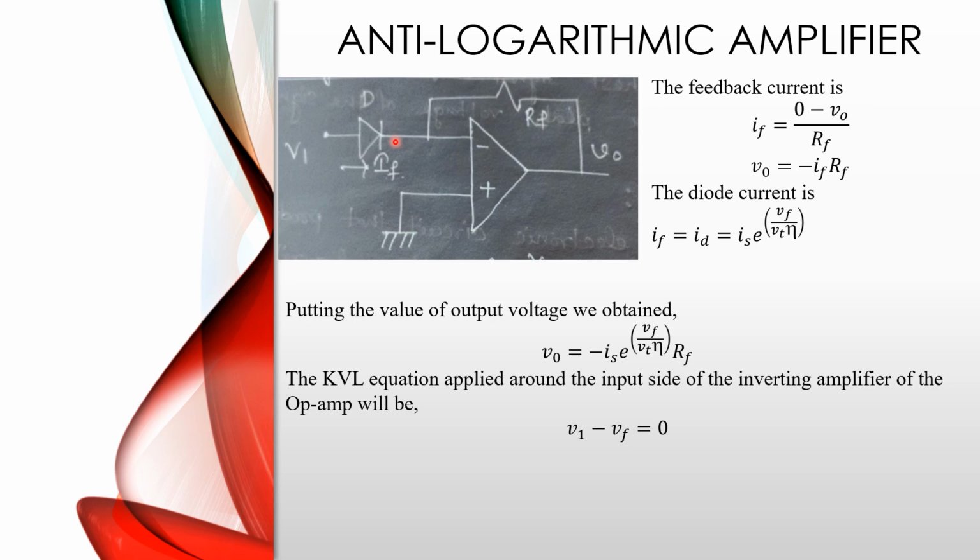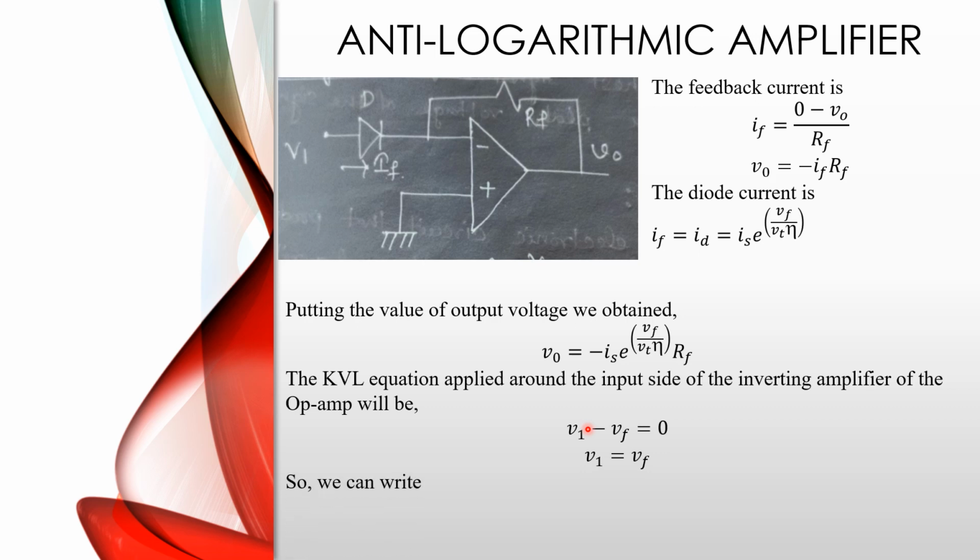So V1 minus Vf equal to 0. V1 is the input supplied voltage and Vf is the diode forward voltage. So V1 equal to Vf, right?